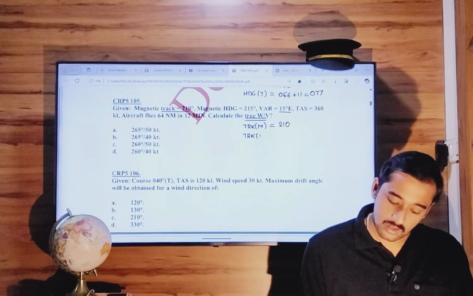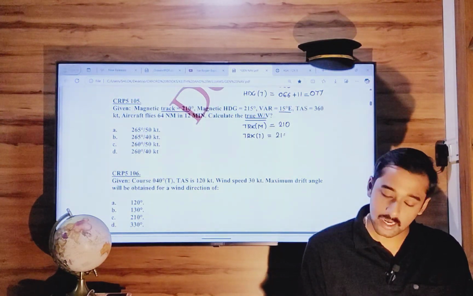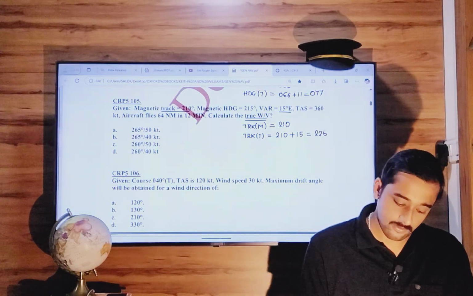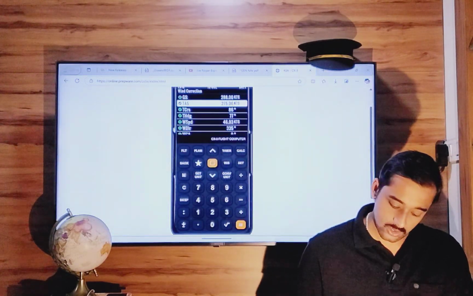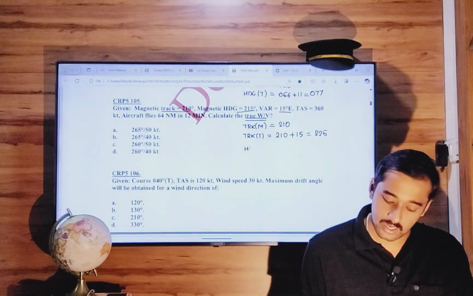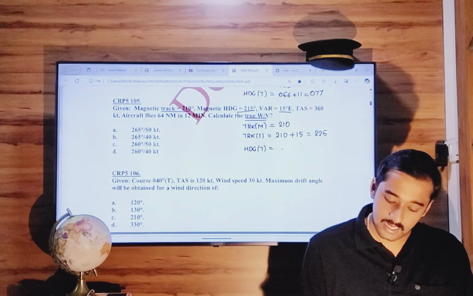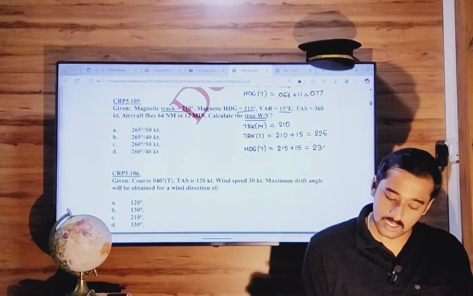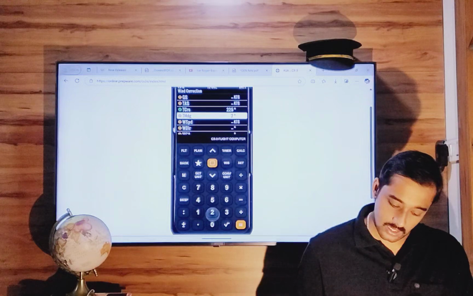True track will be magnetic track plus variation of 15, that is 225. So track is 225. Similarly, true heading will be magnetic heading plus 15 variation, that is 230.